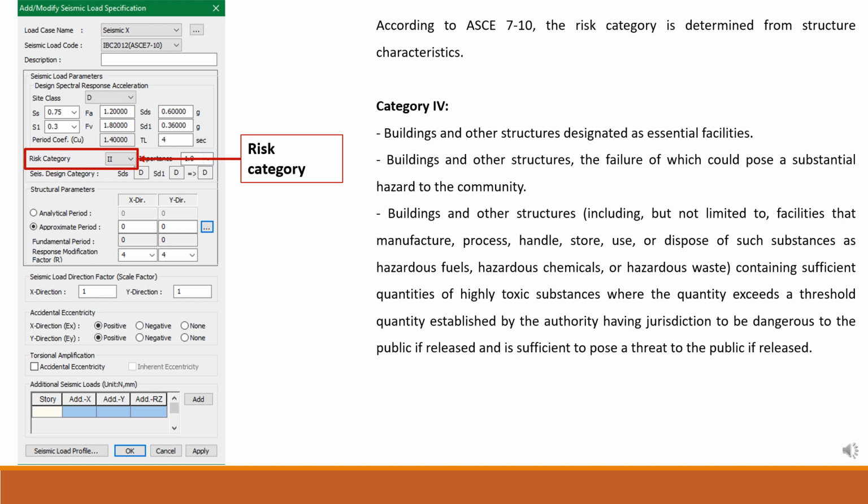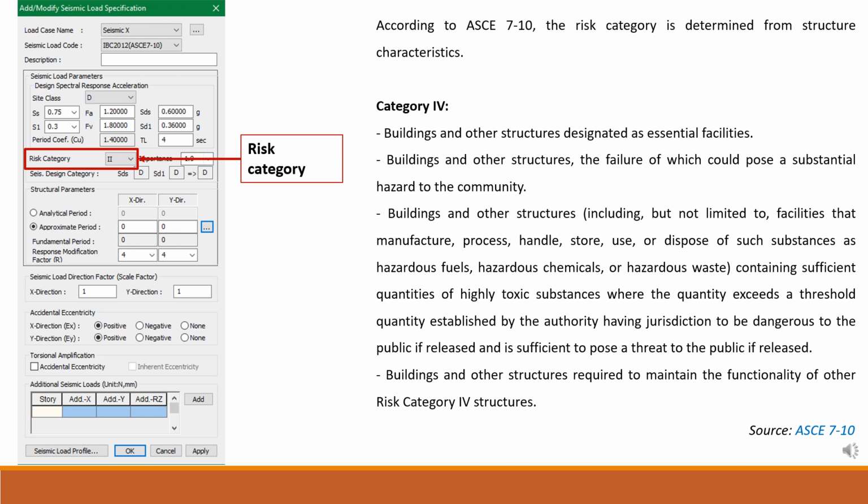Buildings and other structures, including, but not limited to, facilities that manufacture, process, handle, store, use, or dispose of such substances as hazardous fuels, hazardous chemicals, or hazardous waste, containing sufficient quantities of highly toxic substances where the quantity exceeds a threshold quantity established by the authority having jurisdiction to be dangerous to the public if released and is sufficient to pose a threat to the public if released.